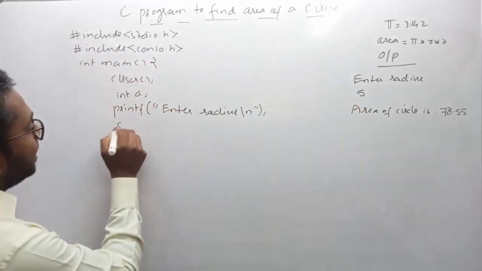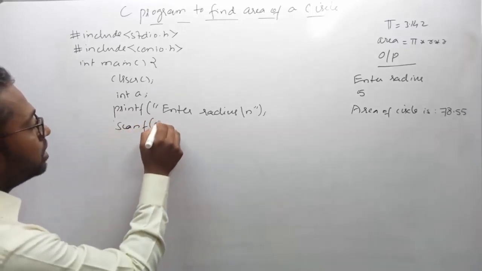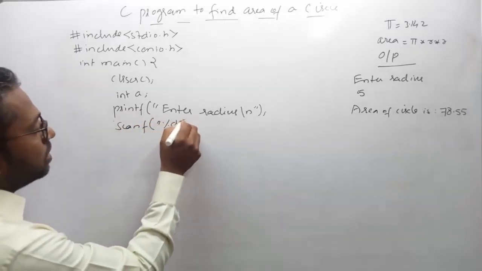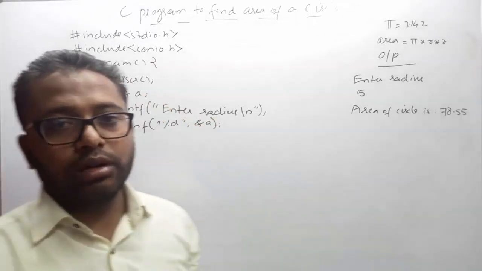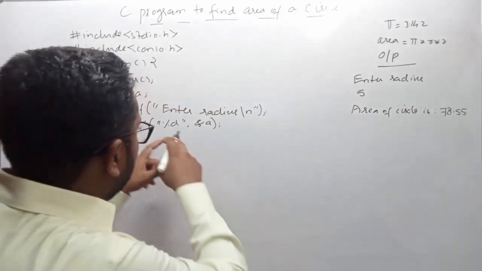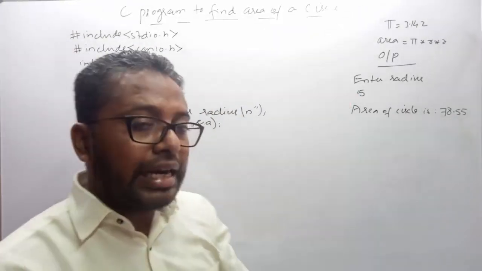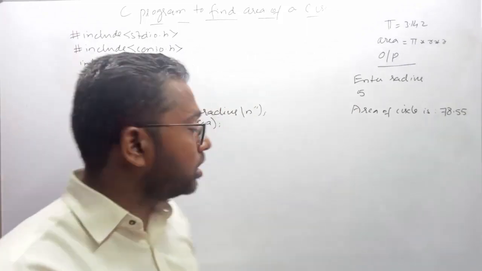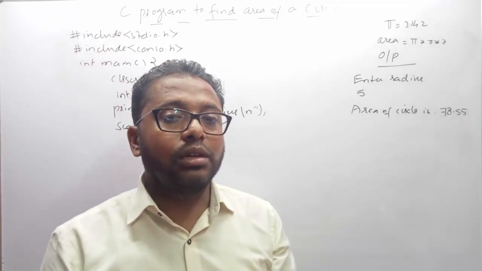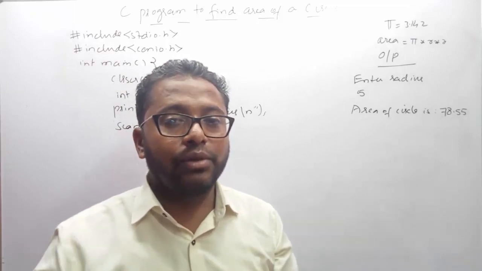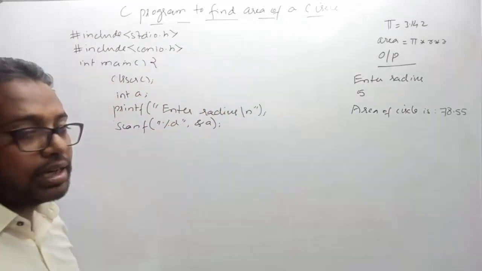So to accept the input, I have an input function which is scanf %d ampersand a semicolon. Now this %d is a format specifier. Since we are dealing with integer values, we must use %d as a format specifier. If we are using decimal values like 5.5, 2.5, then the format specifier will be %f.